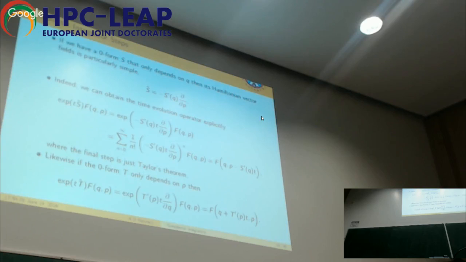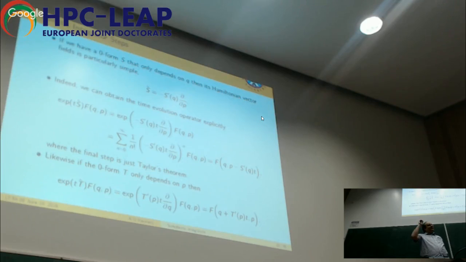Okay, so if we have functions which only depend on the coordinates or on momenta, then we can integrate them exactly because they just move one of the coordinates. So this is the basis of symplectic integrators, that we can do these individual steps in this case explicitly, even for a finite time, just by using the exponential. You remember previously I said the exact solution was e to the t H hat.